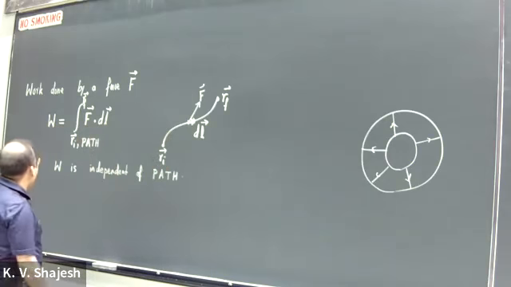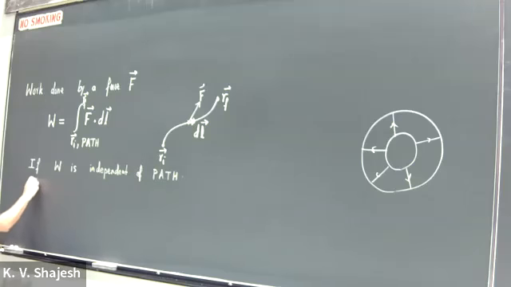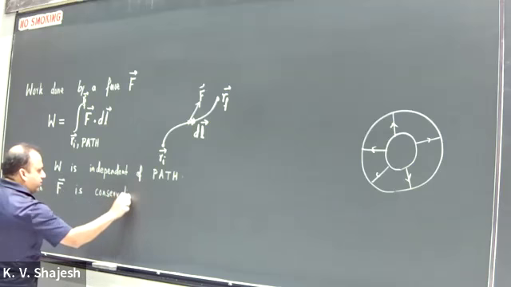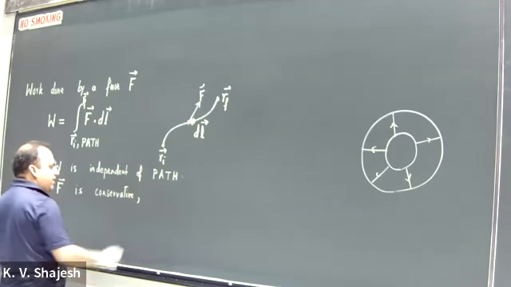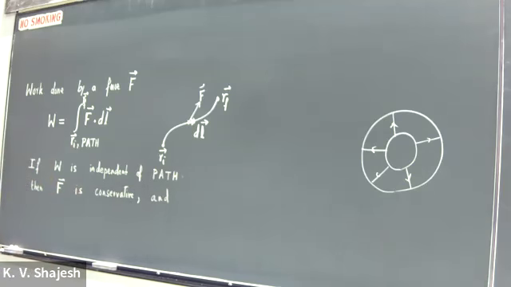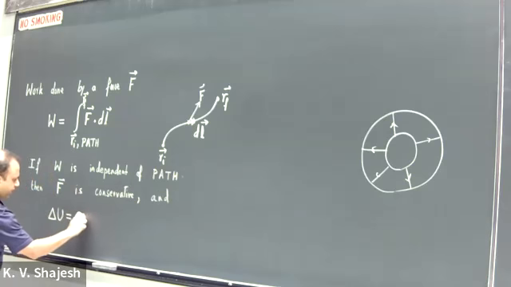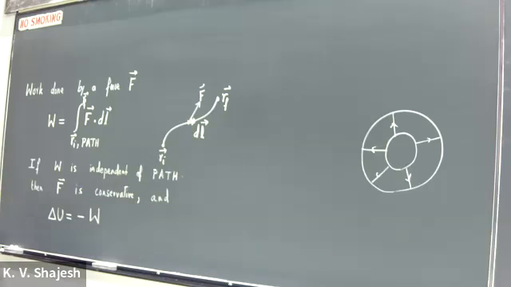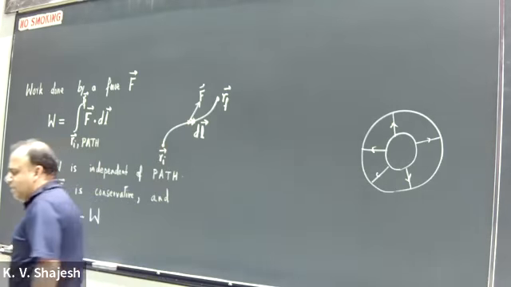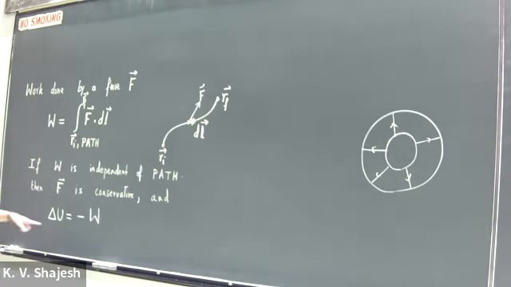So if that is independent of the path, then F is conservative. And you can associate a potential energy to it: the change in potential energy is equal to minus the work done, final minus initial. The minus is just a notational feature; you want to connect it with kinetic energy, and that is the reason you put a minus there.